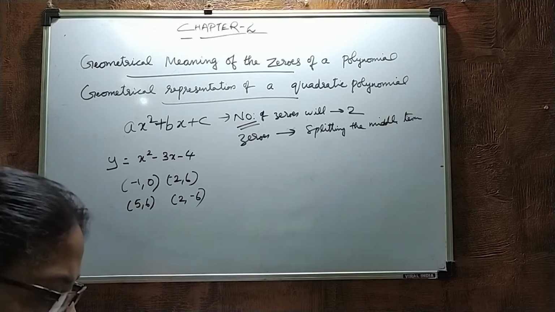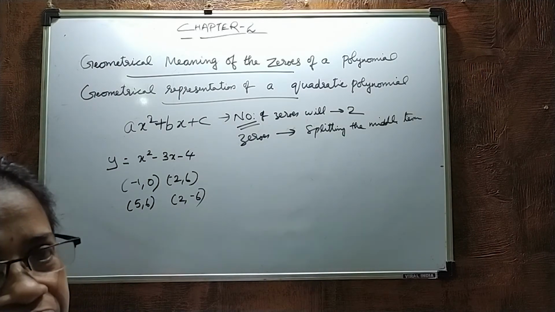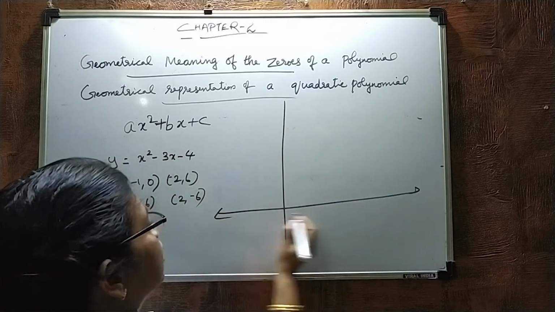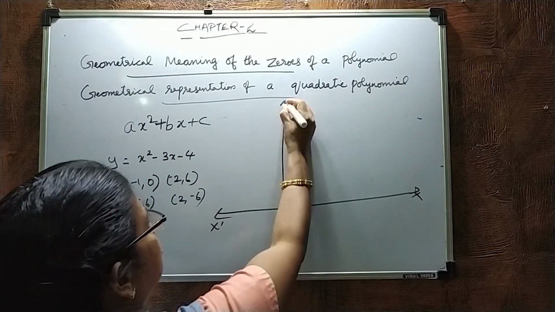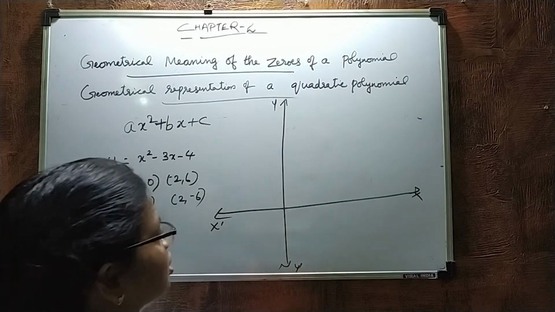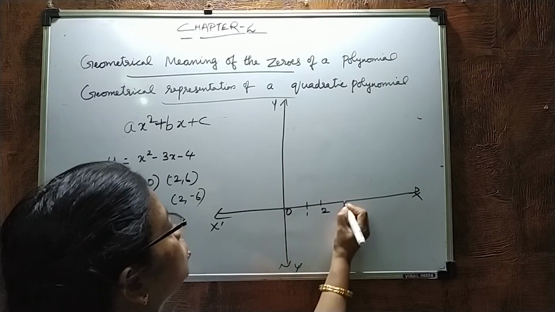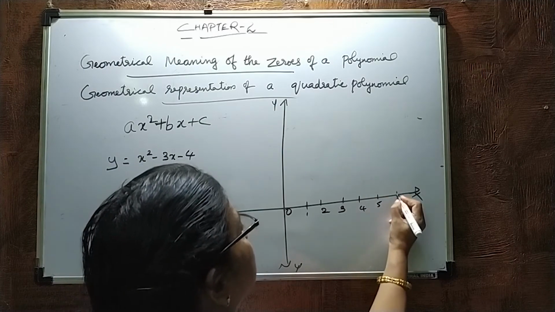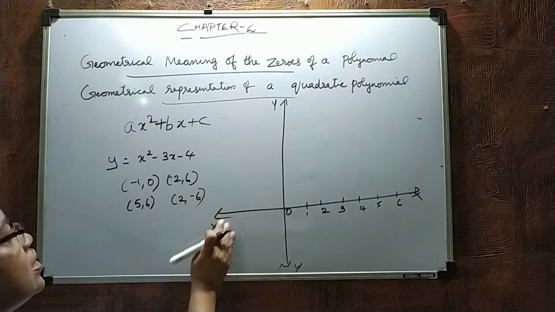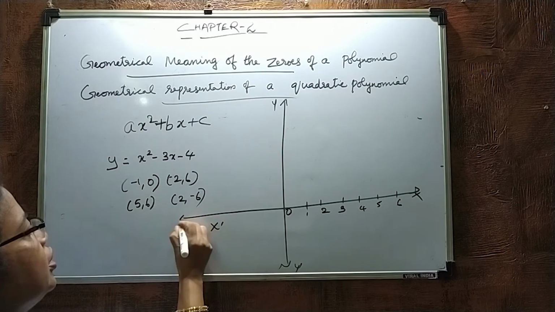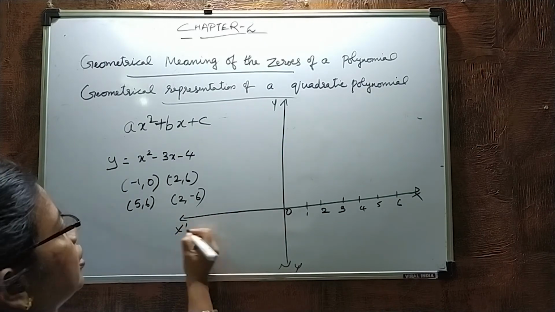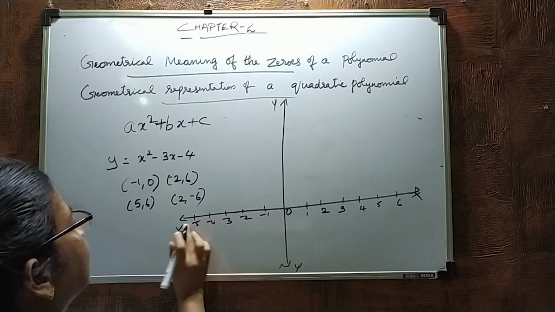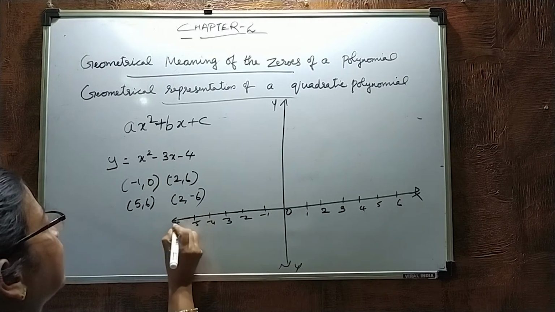If you look at the textbook, page number 23 is given. When you draw the graph, here this is the x dash, and then y dash. Here is 0, then 1, 2, 3, 4, 5, 6. Here negative 1, negative 2, negative 3, negative 4, negative 5, and negative 6.